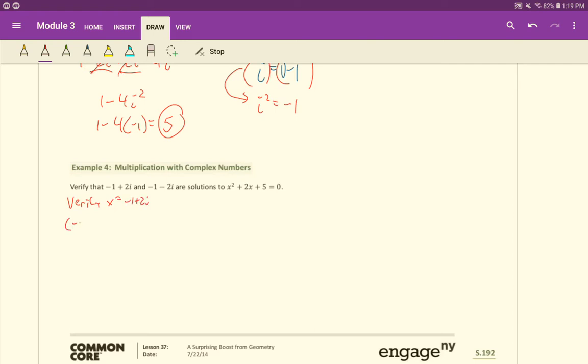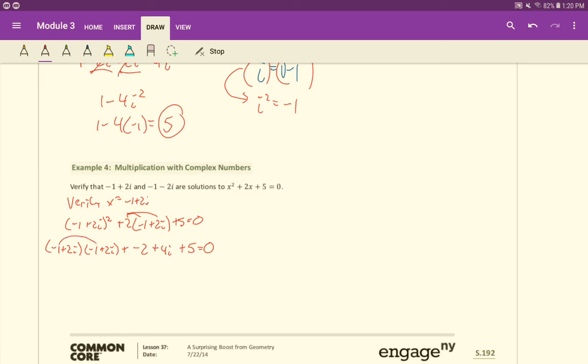So it'll be (-1 plus 2i) squared plus 2 times (-1 plus 2i) plus 5 equals 0. Okay, so let's square it out. When you square something, you multiply it by itself, right? So this is really going to be (-1 plus 2i)(-1 plus 2i). I'll go ahead and distribute the 2 here as well, so it'll be plus -2 plus 4i plus 5 equals 0.